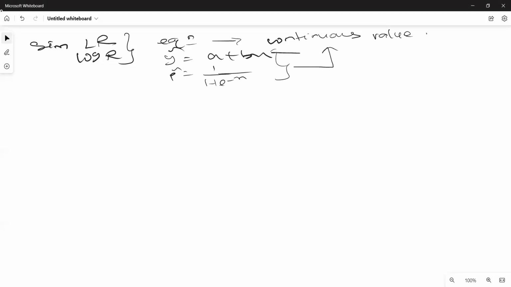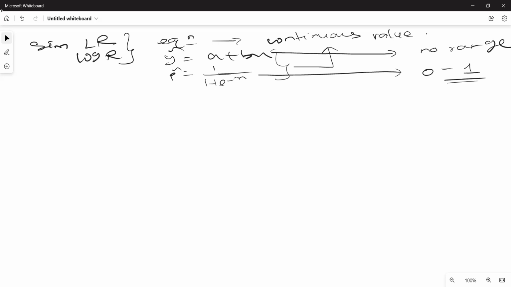Now the difference is the y value has no range, whereas the p value has a range from 0 to 1. Is this clear? Yes.